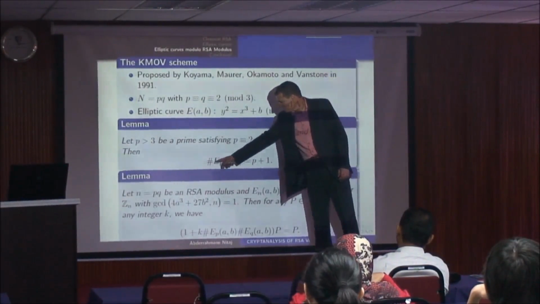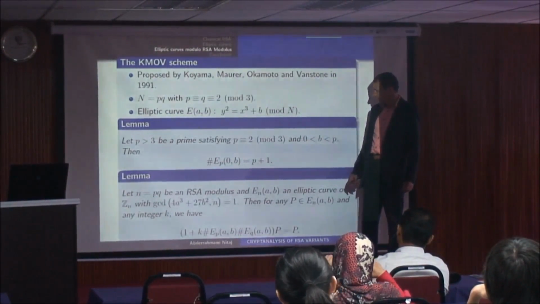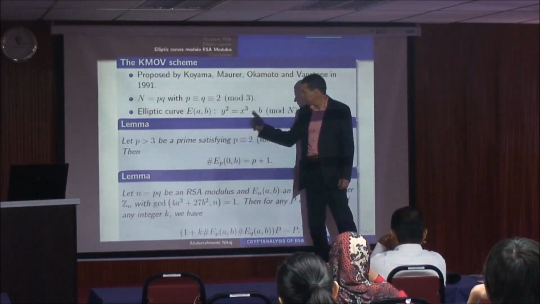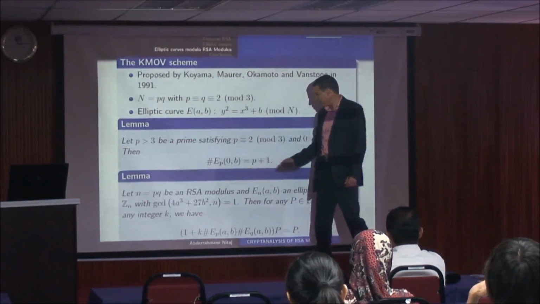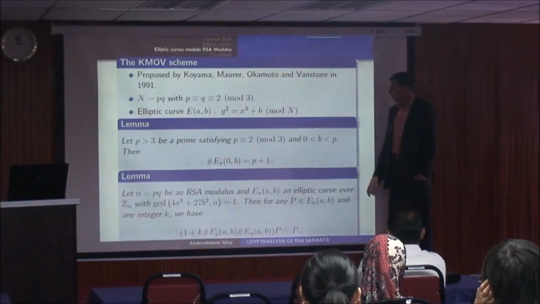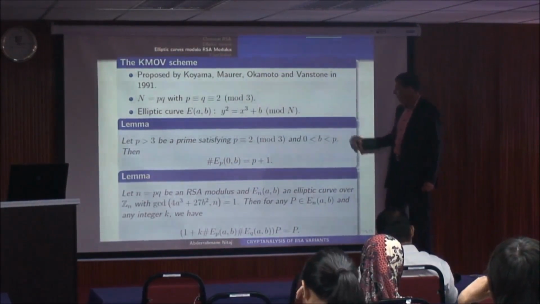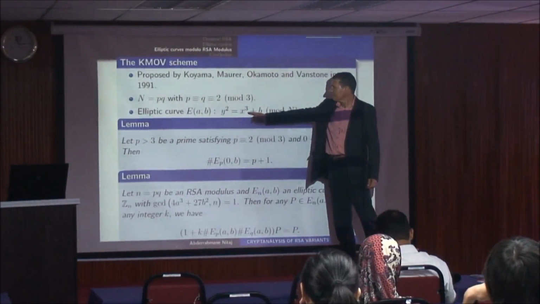And in this equation we can see that the number of points, this is the number of points of E mod P, where we use A as 0 and B as 1. We can find that the number of solutions is P plus 1. Okay, this is not the correct equation.